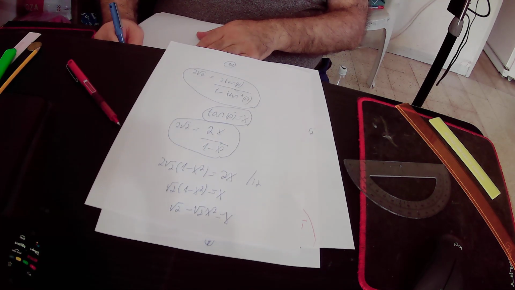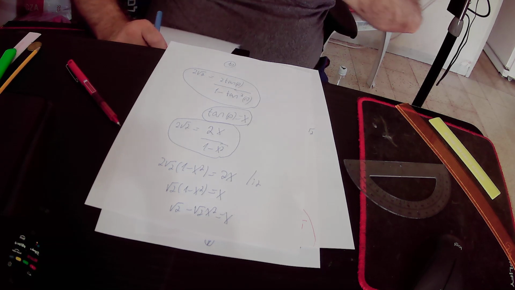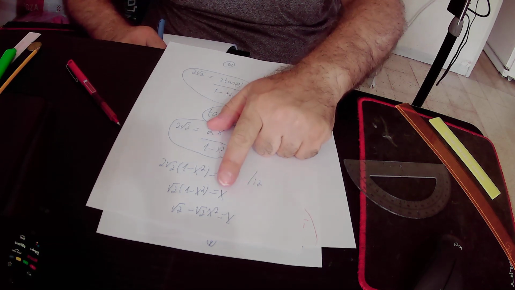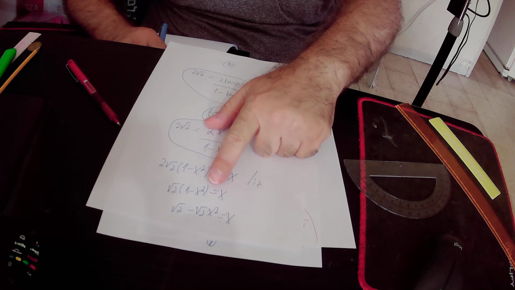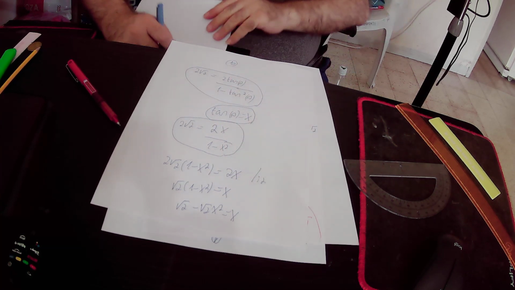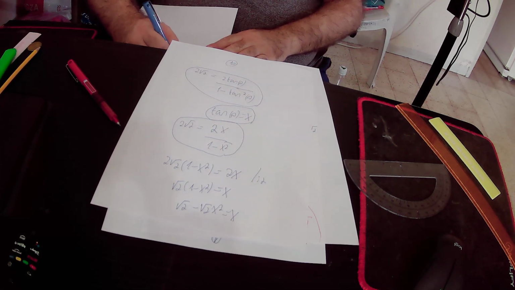So here we will add root 2 x squared to this equality, and we will get root 2 x squared plus x equals root 2.